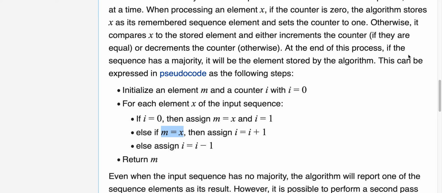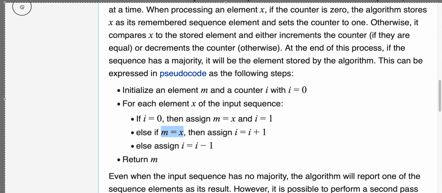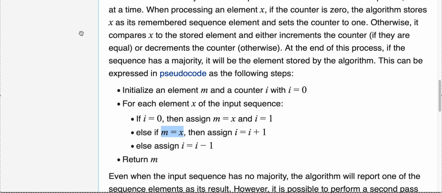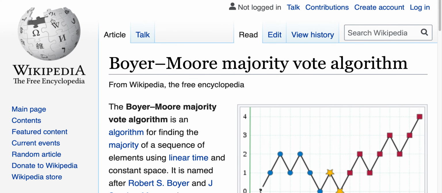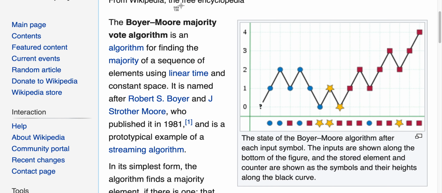Don't forget, we need to find a winner with more than 50%. What is the meaning of that?